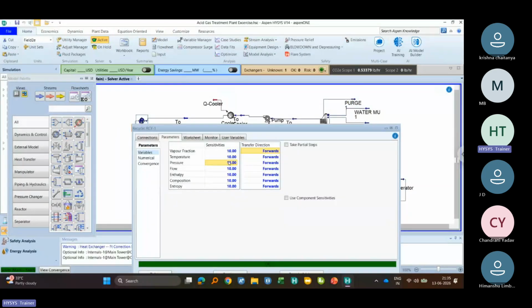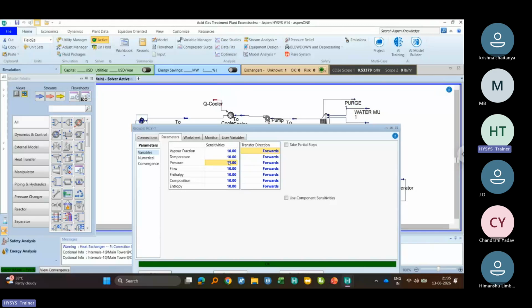For the time being, just understand that this transfer direction is just an indication of in which direction your recycle loop is working, and the sensitivities are how sensitively you want that particular parameter to change with respect to your recycle loop.